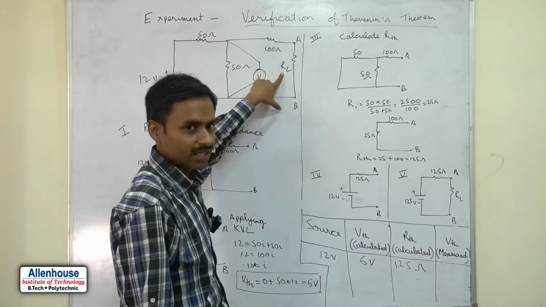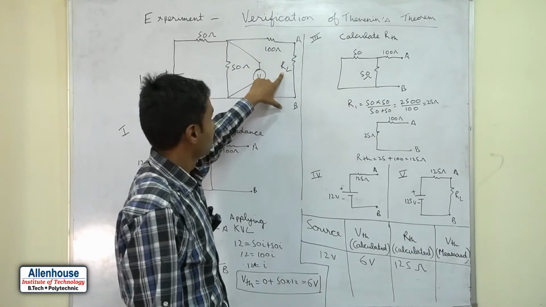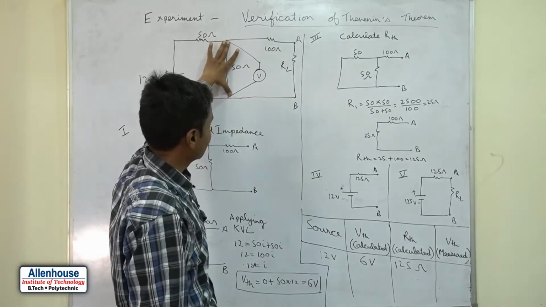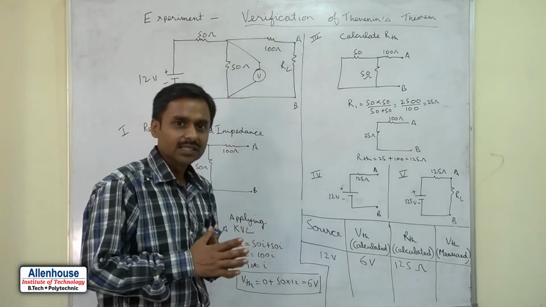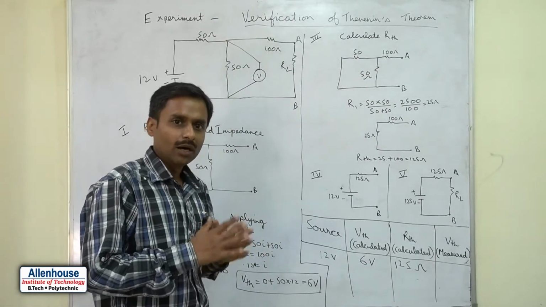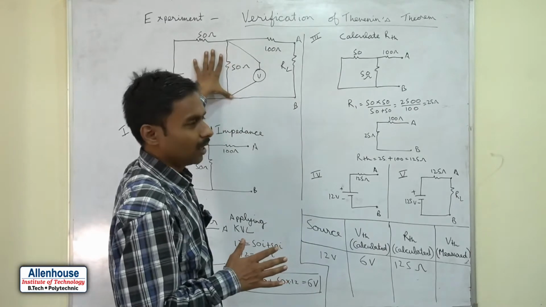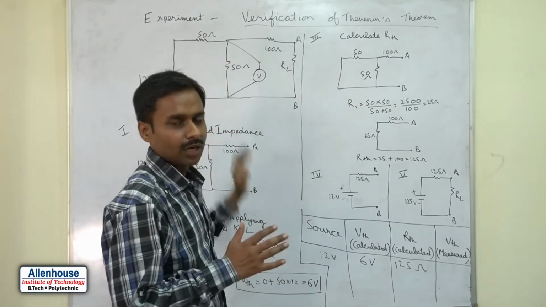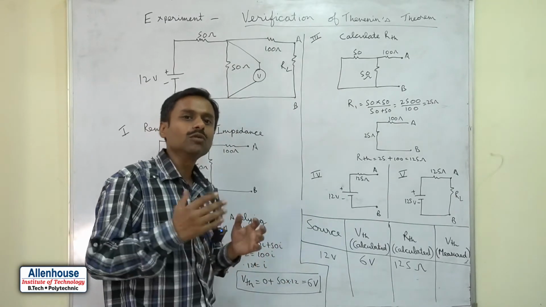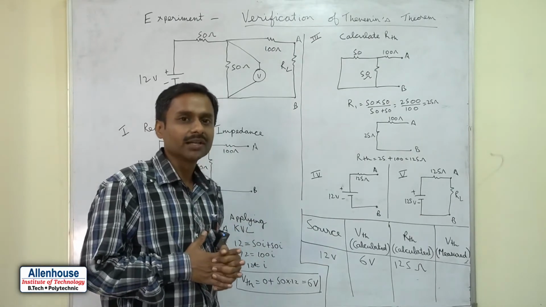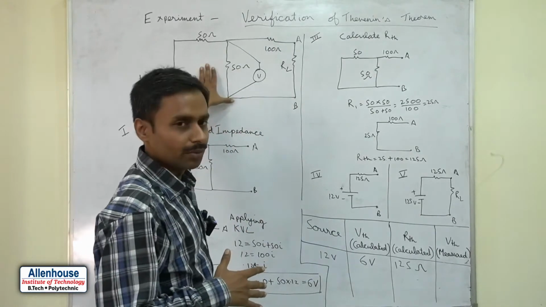So this is the load resistance, denoted by RL. A voltmeter is kept here to measure the voltage Vth. This is the circuit which we are going to implement in the practical kit.